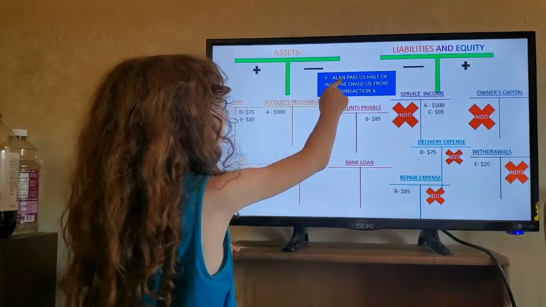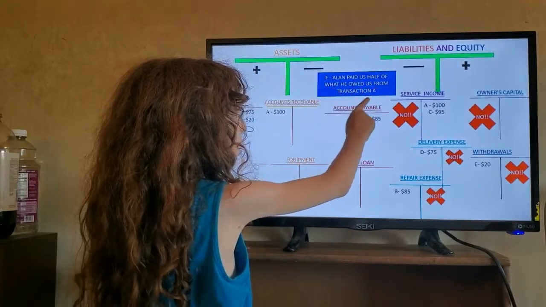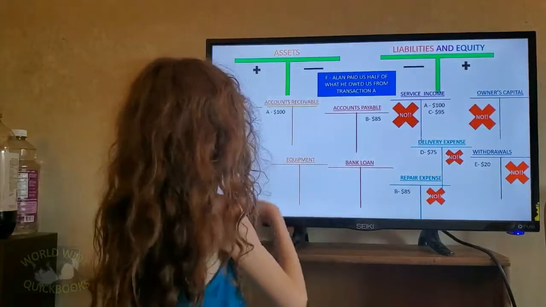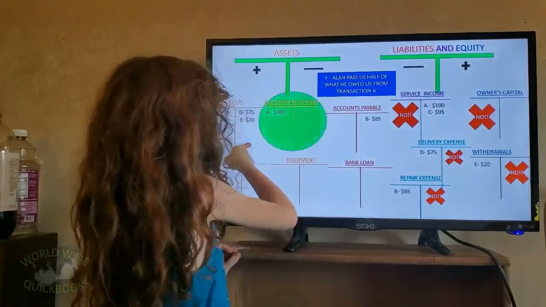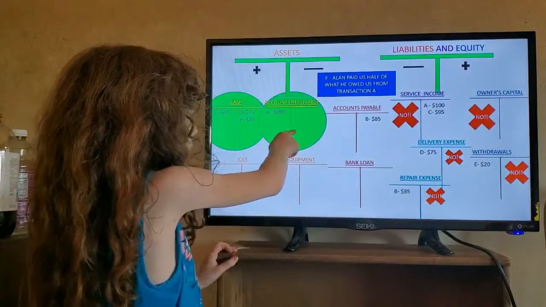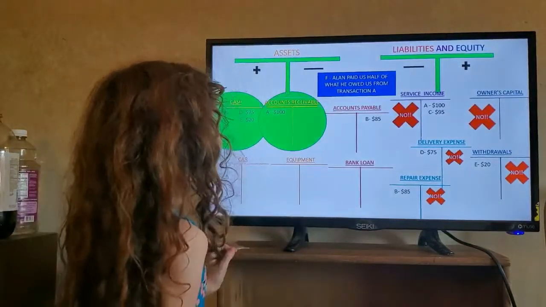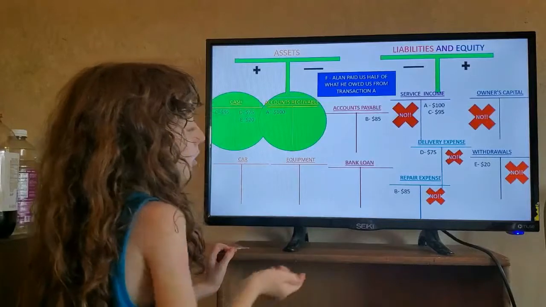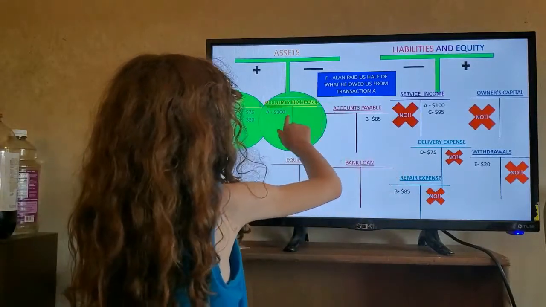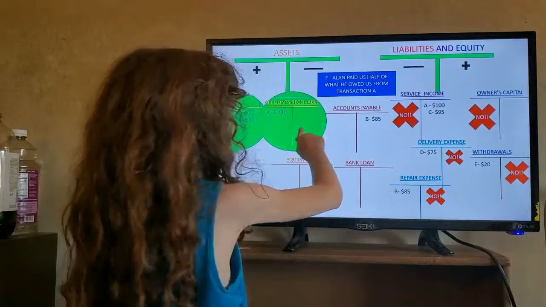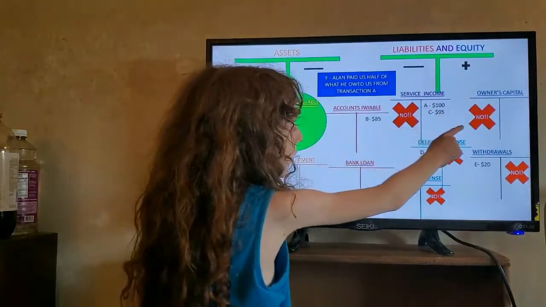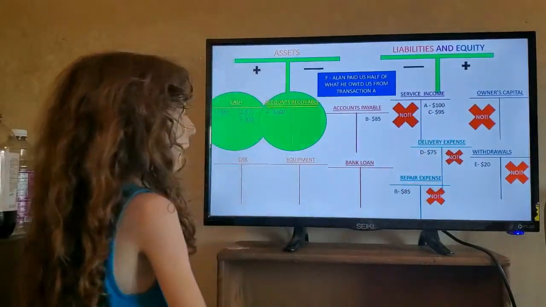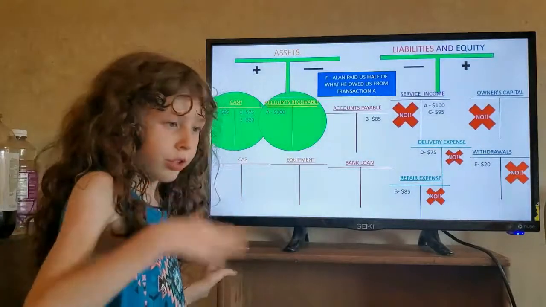Transaction F. Alan paid us half of what he owed us from transaction A. So cash will go up because we got more cash, and accounts receivable because we received half of what was in transaction A. Accounts receivable and cash, neither of them have an X, so we don't know immediately which one is debit and which one's credit.